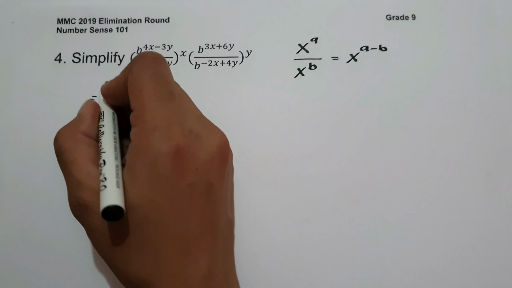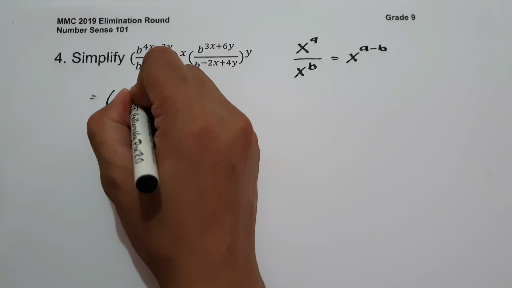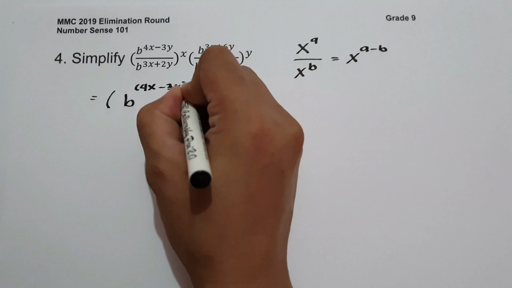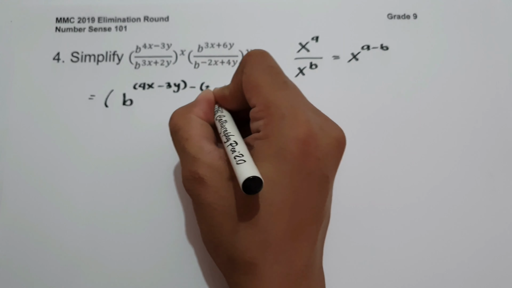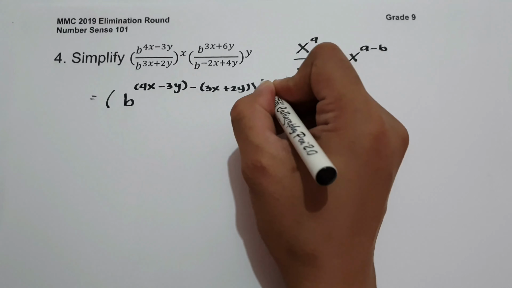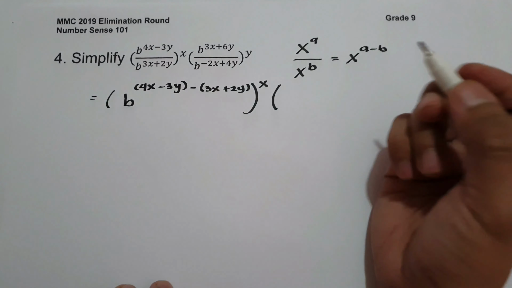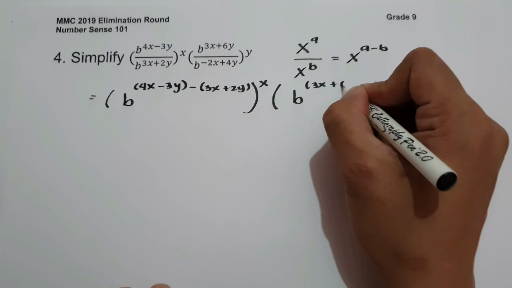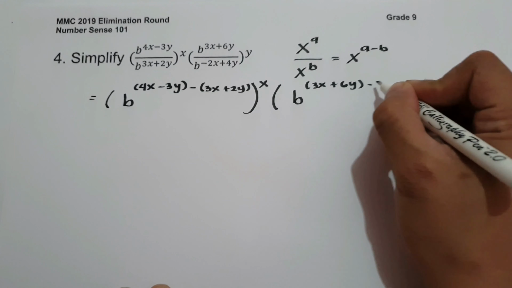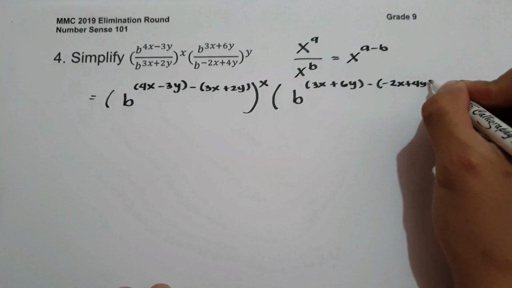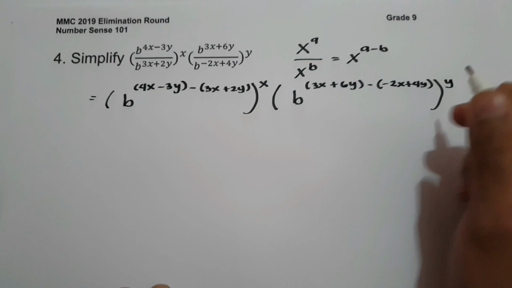So let's have b raised to 4x minus 3y minus 3x plus 2y, raised to x, multiplied by b raised to 3x plus 6y minus negative 2x plus 4y, raised to y.